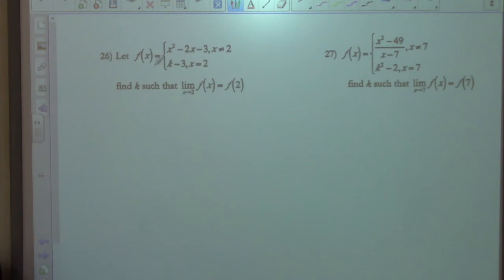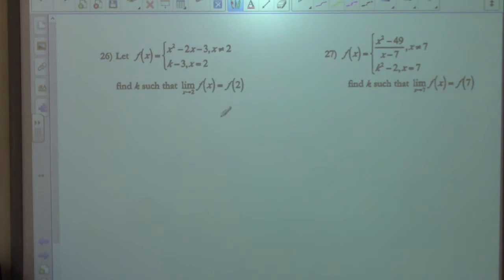Anyway, we have this situation here with this k, and it says let f of x equal x squared minus 2x minus 3 for x not equal to 2, and k minus 3 for x equals 2. It says find k such that the limit as x approaches 2 of f of x equals f of 2.